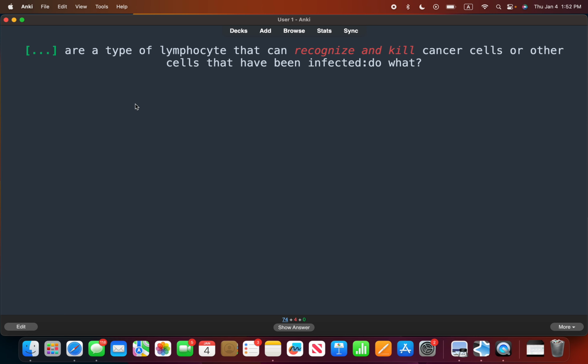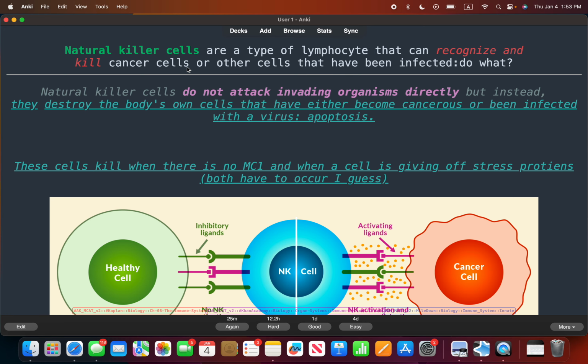What is a type of lymphocyte that can recognize and kill cancer cells or other cells that have been infected? So it's the natural killer cell. Natural killer cells are a type of lymphocyte. They recognize and kill cancer cells.